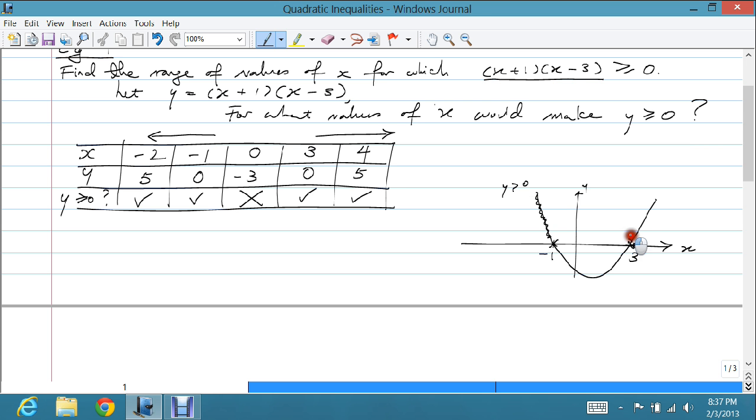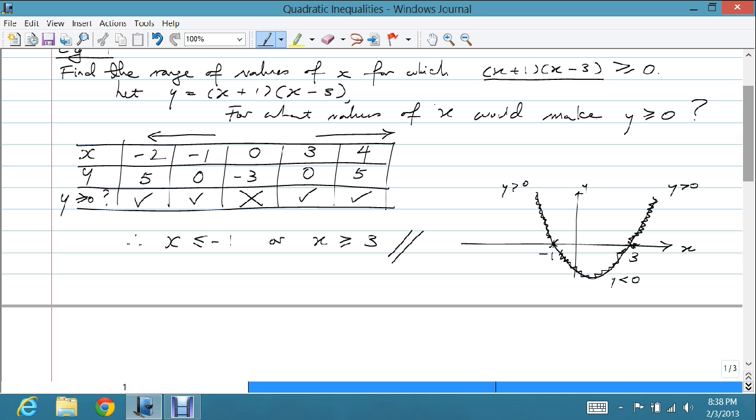Similarly, when x is greater than 3, the values of y are also positive. However, when x is between negative 1 and 3, the values of y are negative, since the graph is below the x-axis. So in conclusion, for y to be bigger than or equal to 0, x must be less than or equal to negative 1, or x is bigger than or equal to 3. This is the final answer, and it concludes this question.